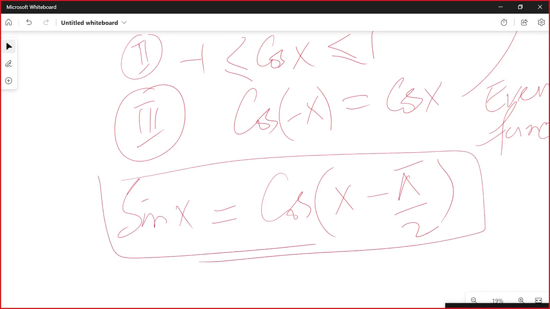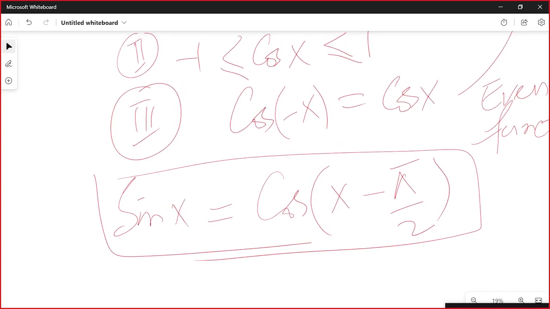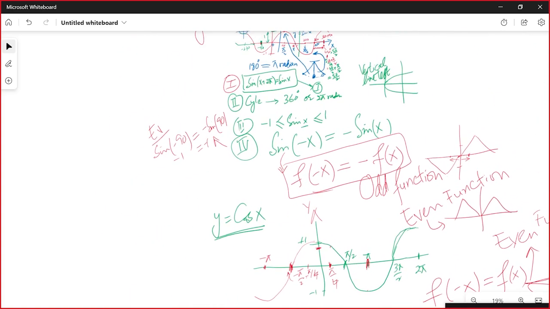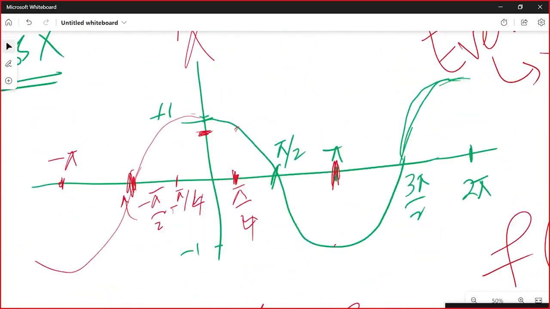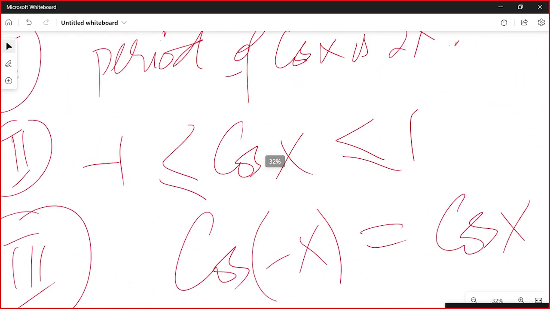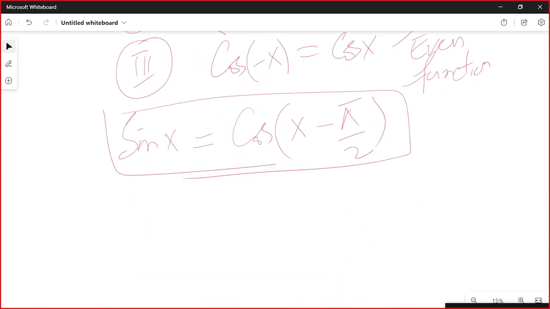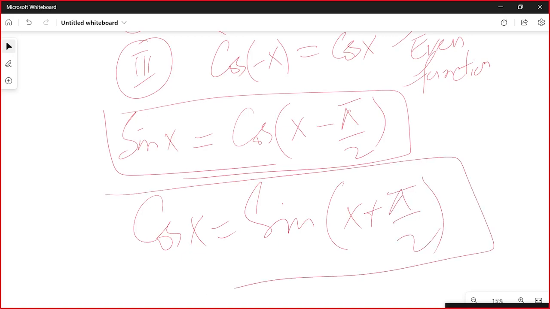And if it is sin x and we move it towards the left, we put a positive sign. So cos x is equal to sine of x plus pi over 2. Does this relation make sense to you? Yeah. That's quite an interesting thing.